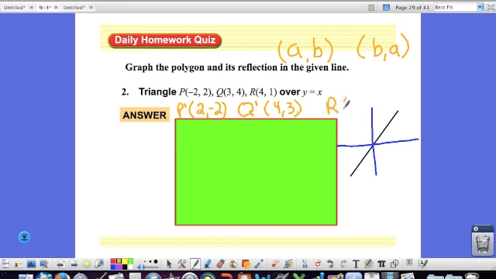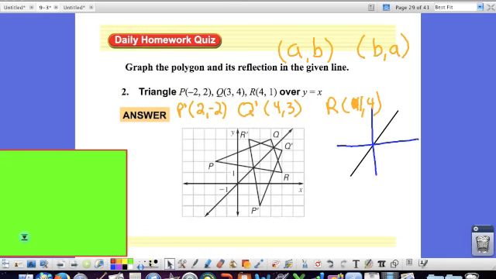And your new R is going to be 1, 4. So we graphed the original, which was P at -2, 2. Q was 3, 4. And R is 4, 1.